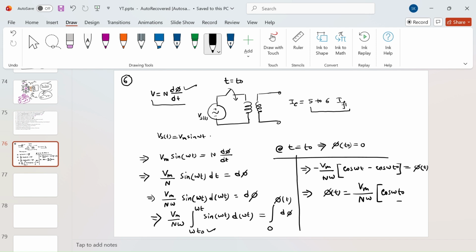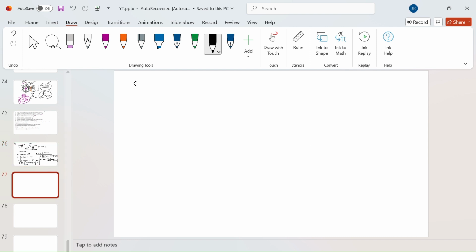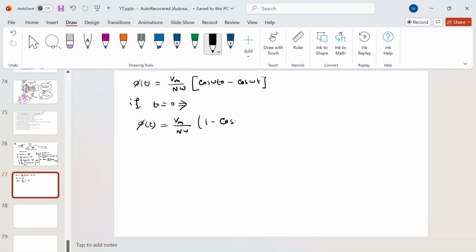So phi of t is equal to Vm by N omega, cos omega t naught minus cos omega t. Let's say the switching instant t naught is at 0 seconds, then phi of t is equal to Vm by N omega, 1 minus cos omega t.